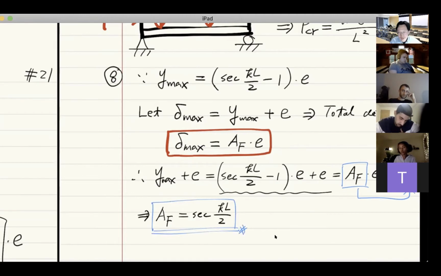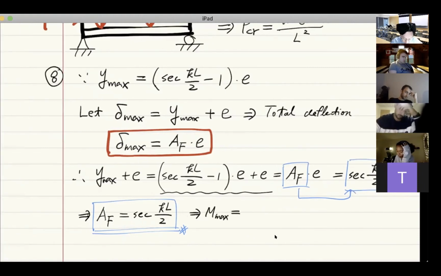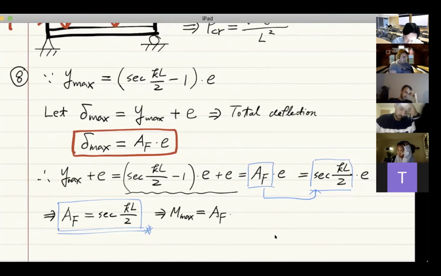Now, why do we need this? It's because it so turns out that the amplification factor is related to maximum moment. So once you have determined the expression of the amplification factor, maximum moment is simply amplification factor, AF, times P times E, which is the moment produced by eccentricity.